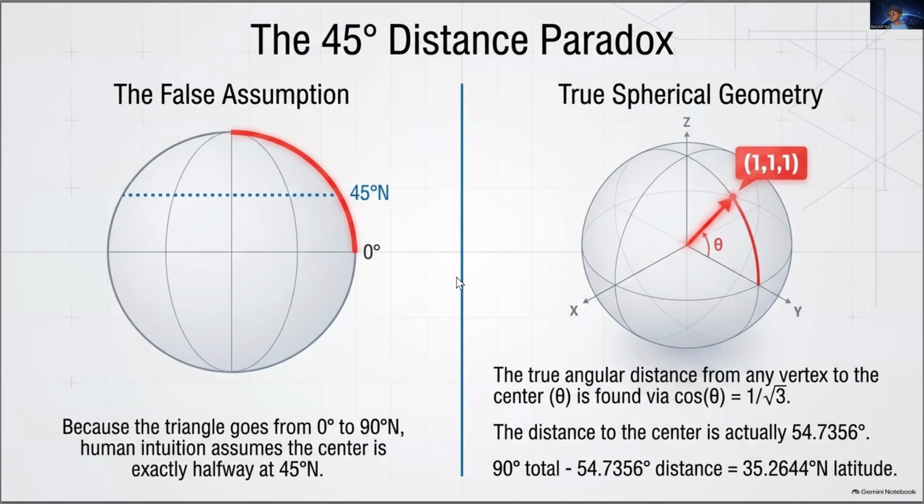Not correct. The true angular distance from any vertex to the center, theta, is found via cosine theta equals 1 divided by root 3. The distance to the center is actually 54.7356. The line total distance, 35.2644 latitude.